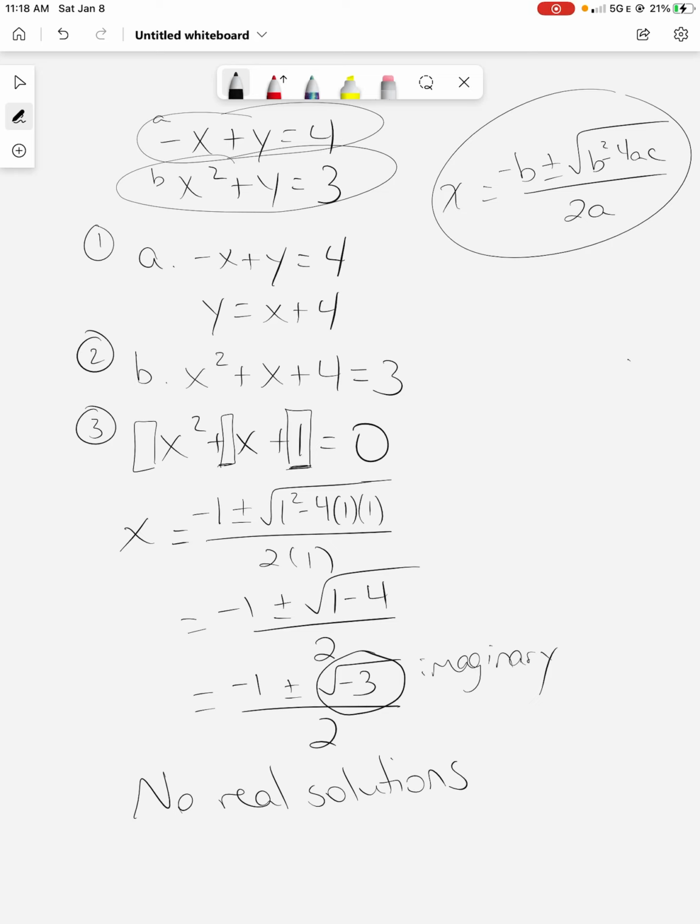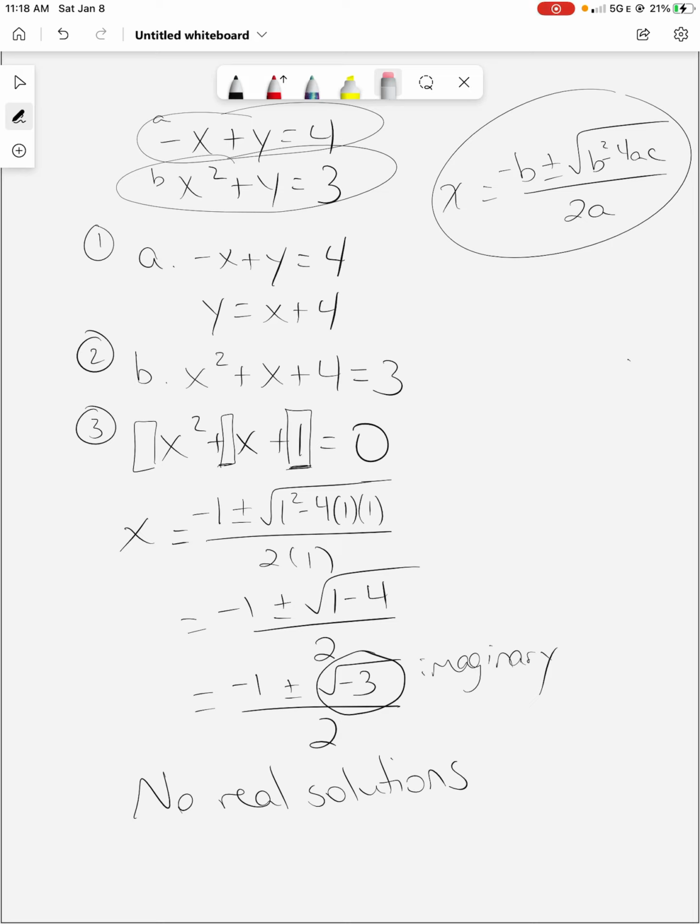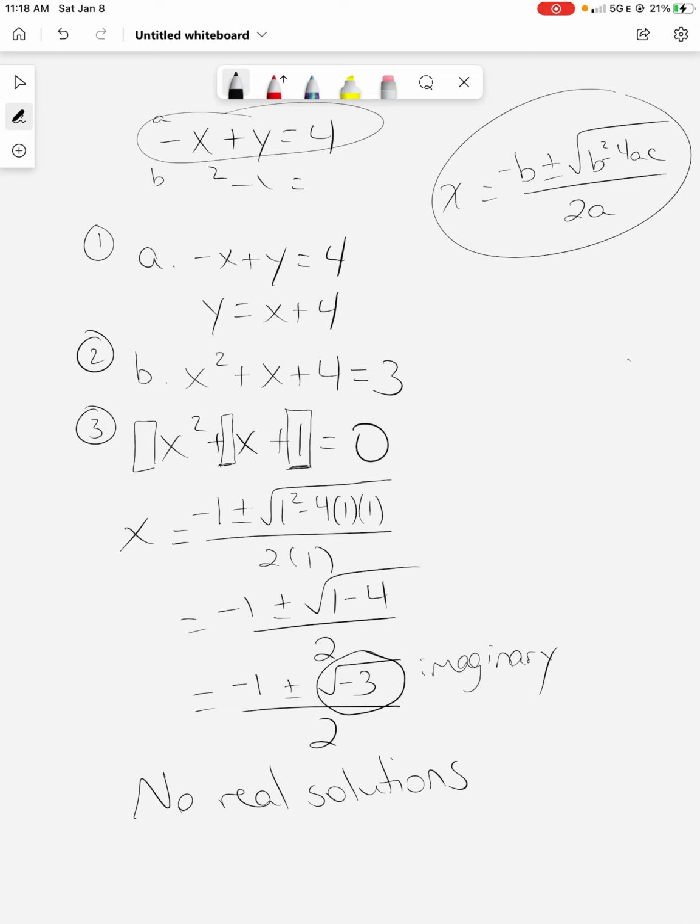So if we were thinking about the graph of those two, what that means is that we have some sort of parabola with this second equation here, like we drew before. It's a curve like that. And then our line floats somewhere below it, so they never actually intersect. So in that case, you get no real solutions.